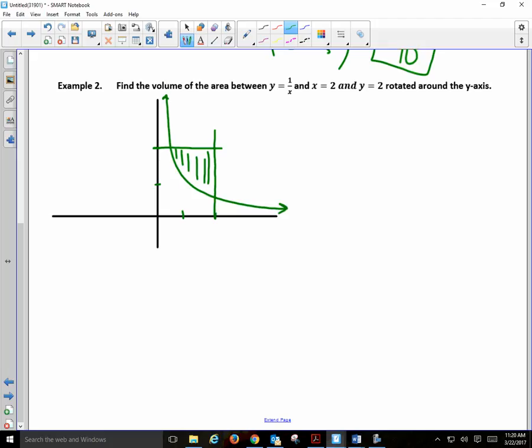Okay. Where am I rotating it? Around the y-axis. So I'm going to get that kind of shape over there, right?